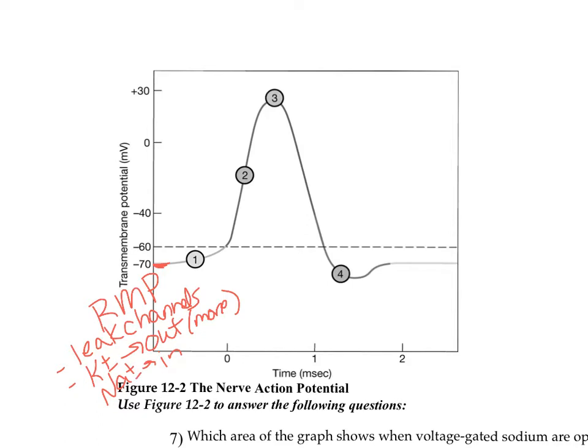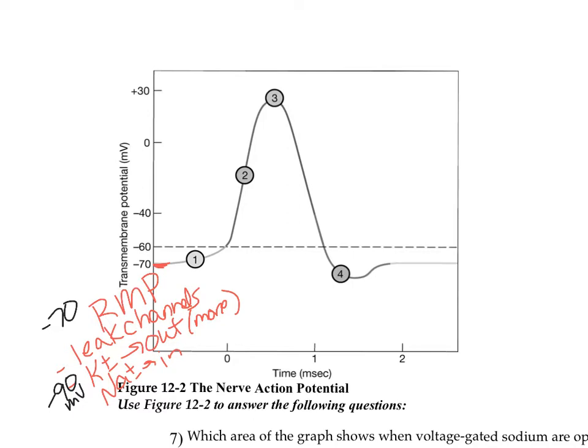Now, if it were just potassium and we didn't look at sodium, it would actually go as low as negative 90 millivolts. And we would say that's the equilibrium for potassium. But we don't just have potassium, we have sodium moving in. So that brings up that resting membrane potential to a negative 70. More positive charges moving out, but some moving in.